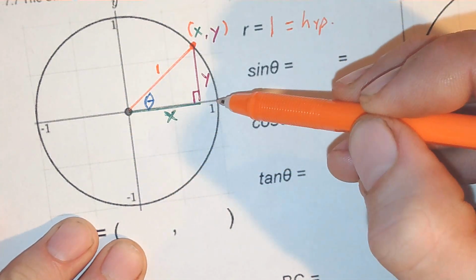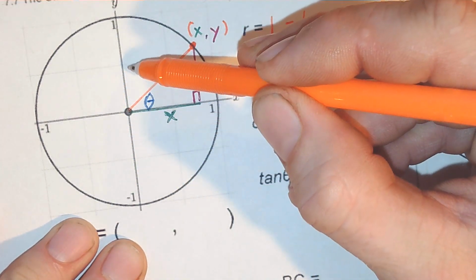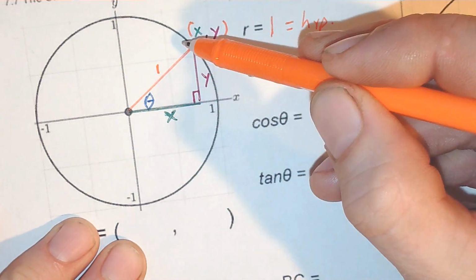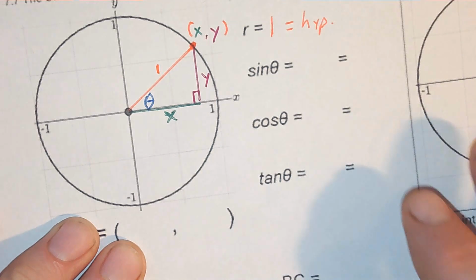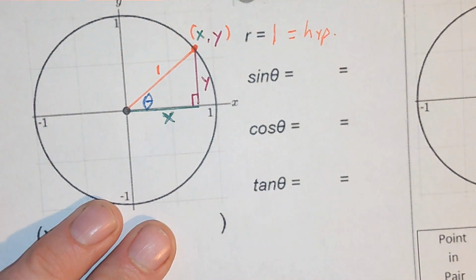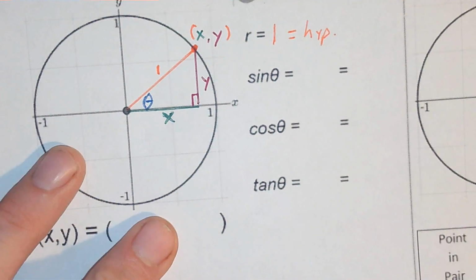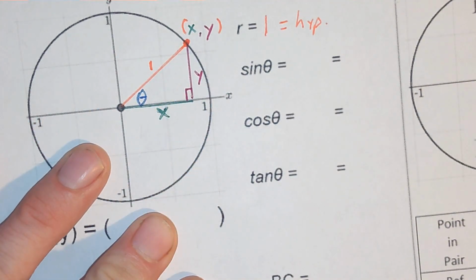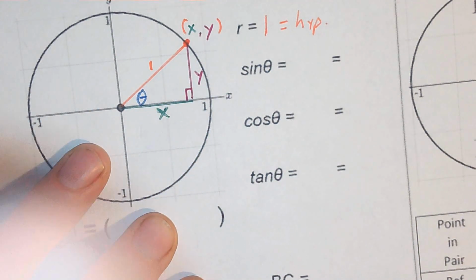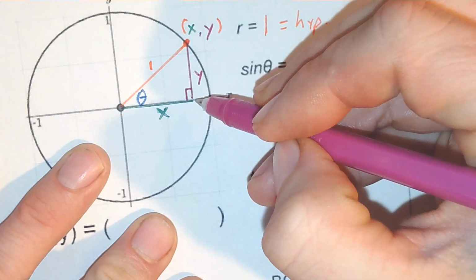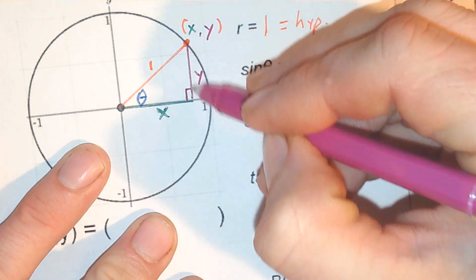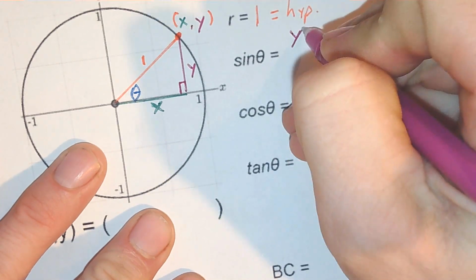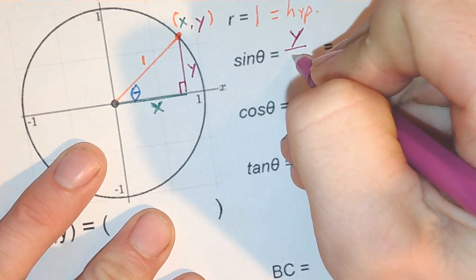Each one of these blocks is 0.5, so the radius here is 1. So the sine of this angle would be the y value, because its opposite is my y value over 1.